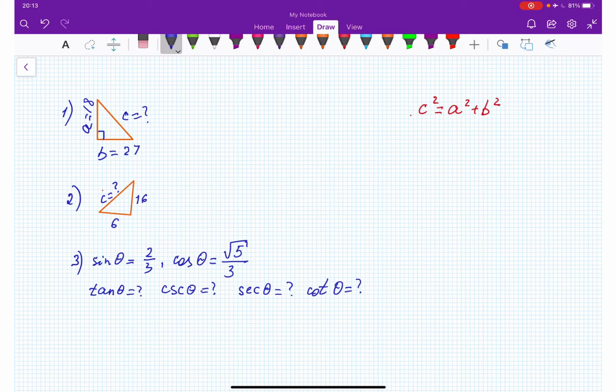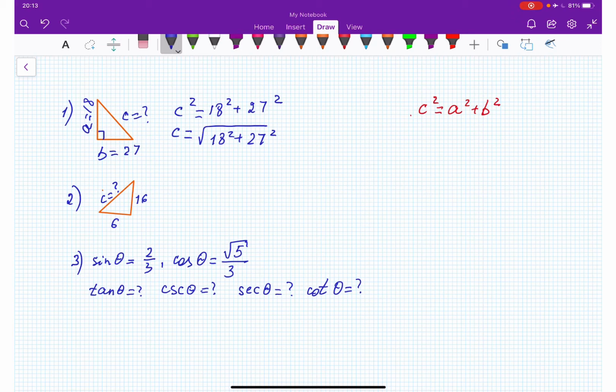Here we have C squared equals A squared, which is 18 squared, plus 27 squared. And C from here is going to be equal to the square root of 18 squared plus 27 squared.